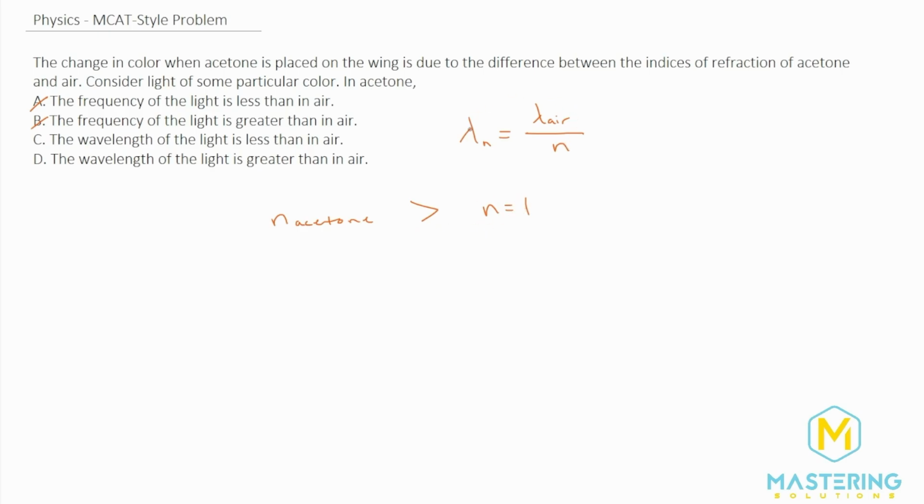If we come back to our equation, as this increases, the whole value is going to decrease. So the wavelength in a certain material will go down. Our answer is that the wavelength of light is less than in air because the index of refraction went up.